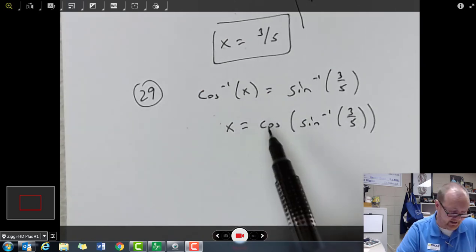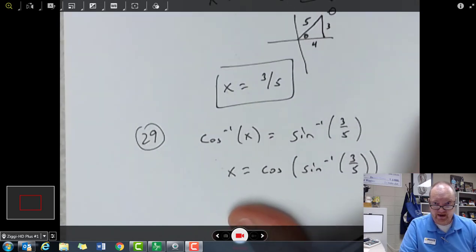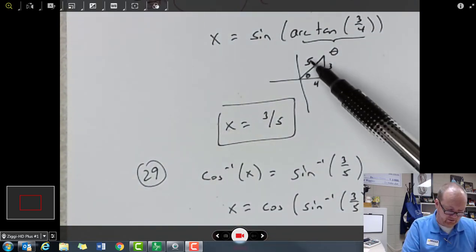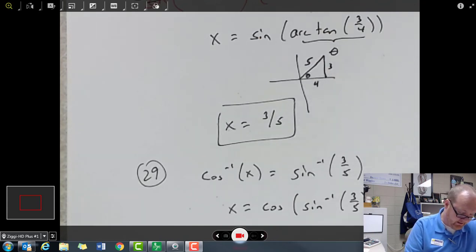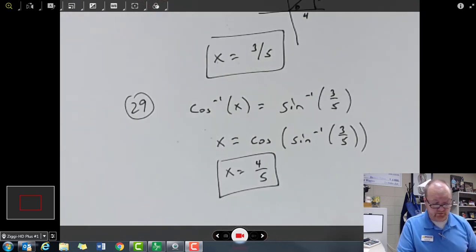I want the cosine of that angle. And I think my triangle up above will be the same triangle that I need here. Some angle has a sine of 3/5. I want the cosine, which is adjacent to hypotenuse. Looks like x here is 4/5. So maybe that helps you with some of your homework there. And then we'll also pick up next with the last section that we want to think about.